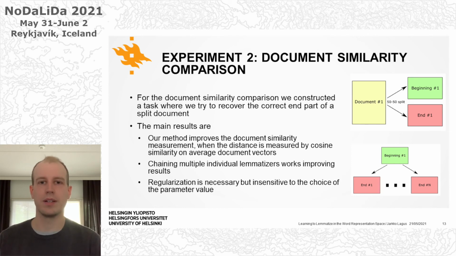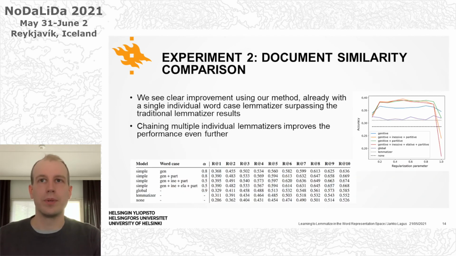Anything from 0.3 to 0.8 is a valid range, and going with 0.5 always seems to be a reasonable choice. So the individual lemmatizer surpasses traditional lemmatization, and the chaining affects the results even better.